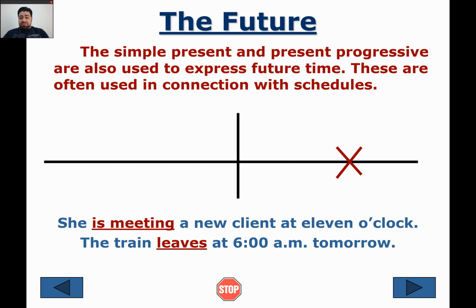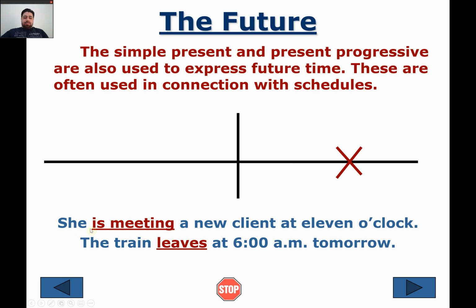The train leaves at 6 a.m. tomorrow. That means there is a certain schedule for trains. One of them leaves at 6, let's say, the other leaves at 6:30, the other at 7. So there is a certain pattern. The train that I want to use is this one, the one that leaves at 6 a.m. tomorrow. So there is a certain schedule for that.